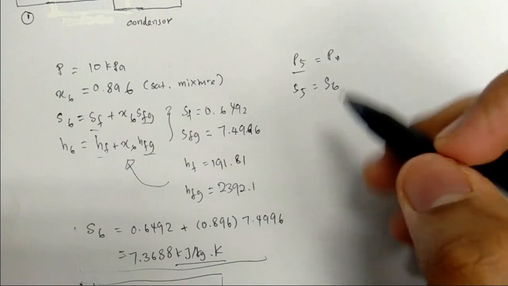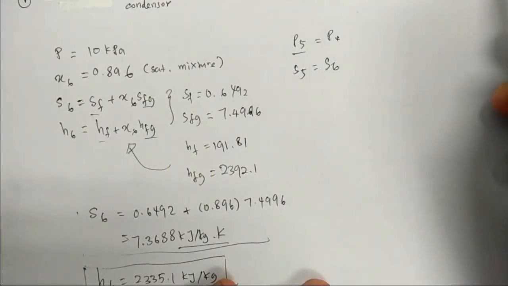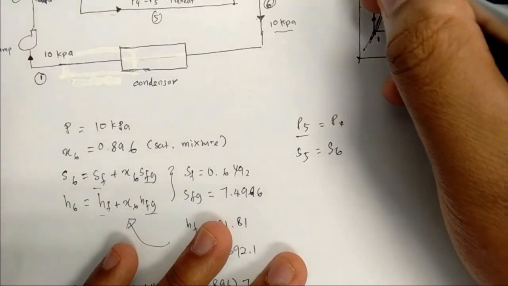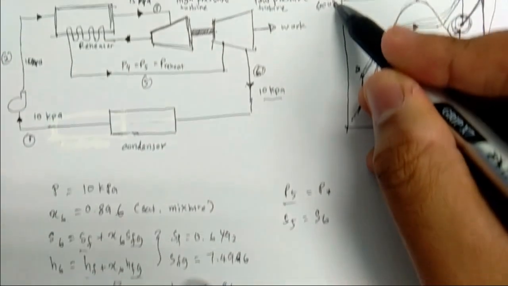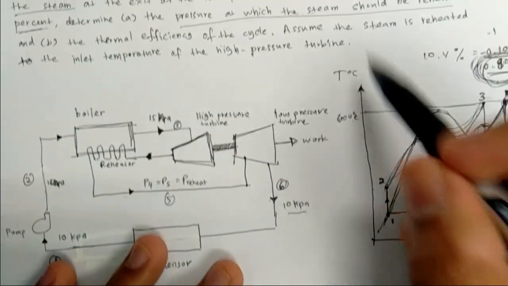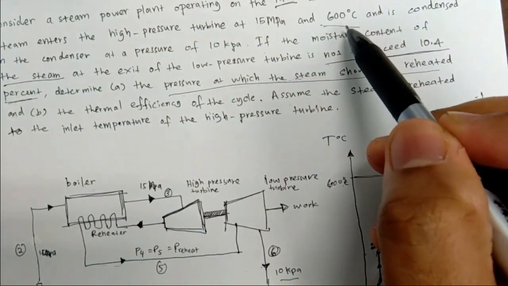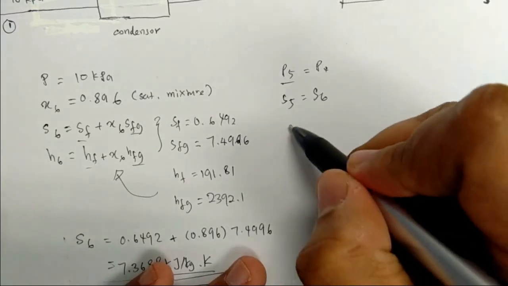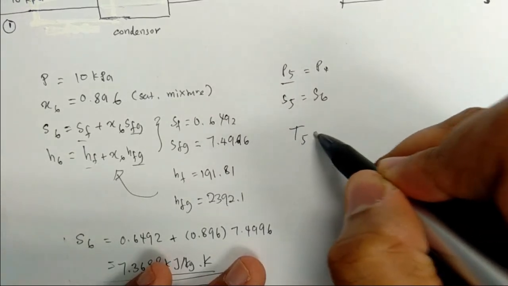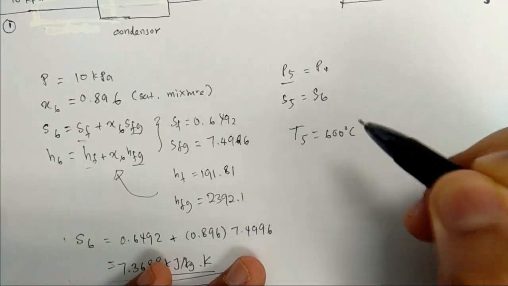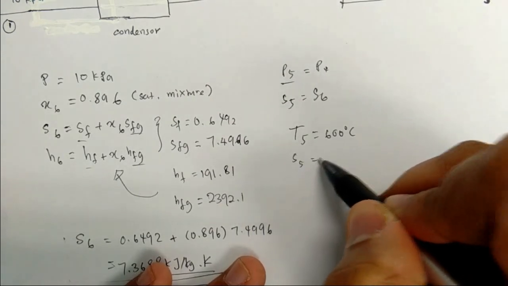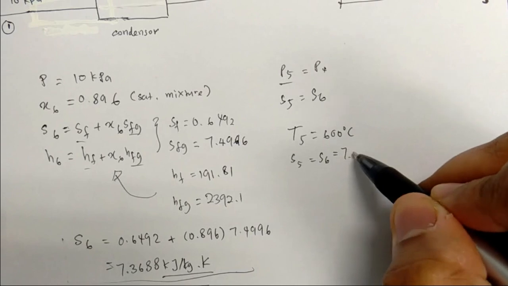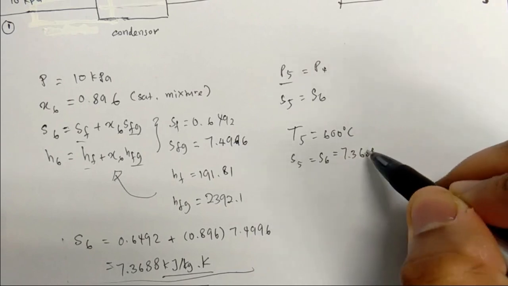Okay, and then the temperature T5, we know that it is 600 degrees Celsius, which is given in the question. So with this information, T5 is equal to 600 degrees Celsius, and S5 is equal to S6, which equals 7.3688.